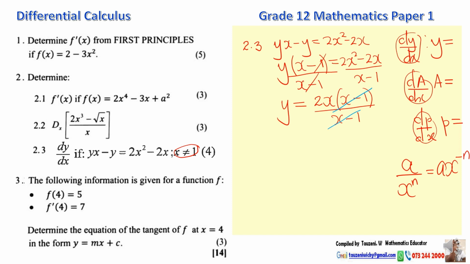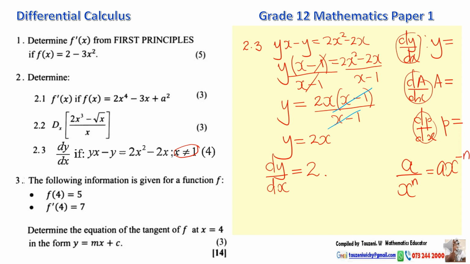So those two, x minus 1 and x minus 1, are divided, giving us y is equal to 2x. After making y the subject, only then do you go on and differentiate the expression. So the derivative of this expression is equal to 2.